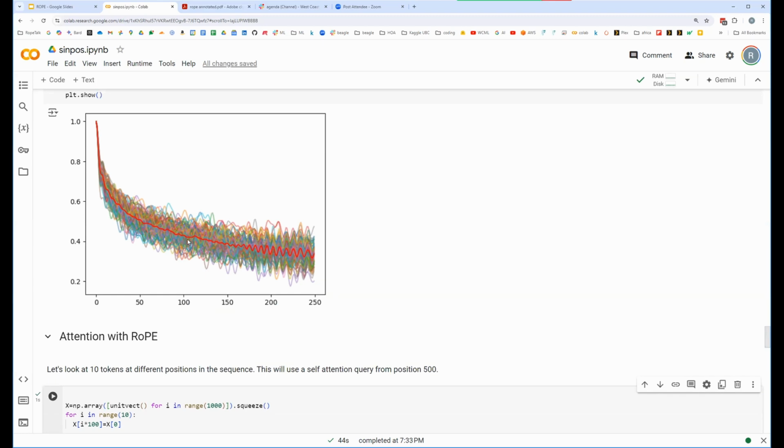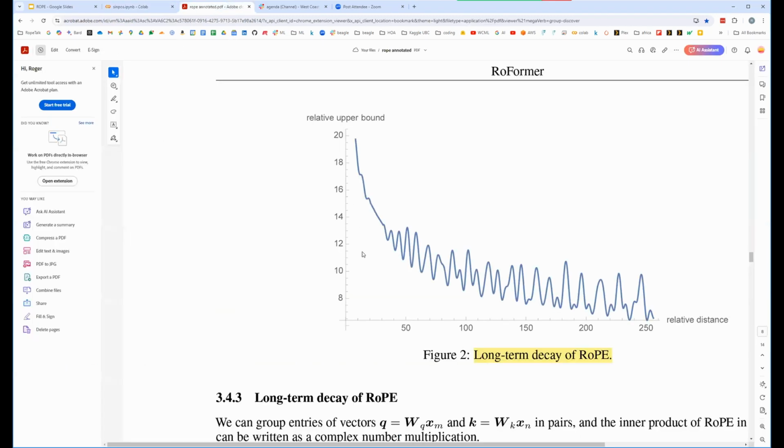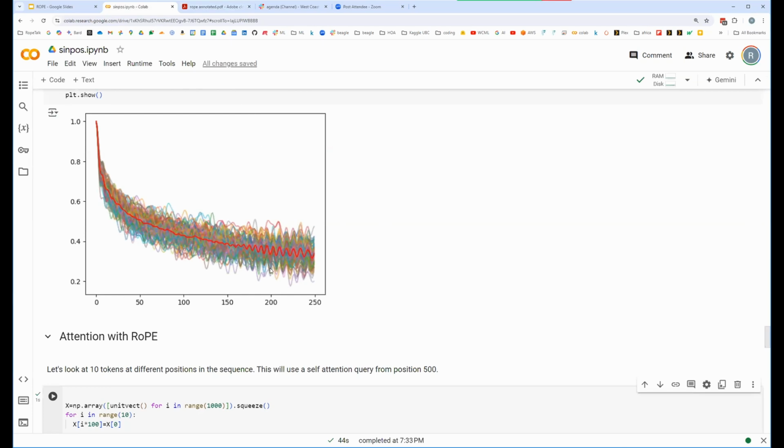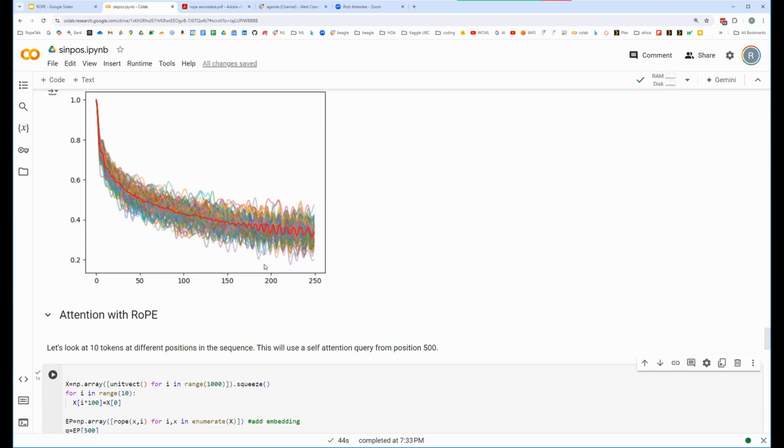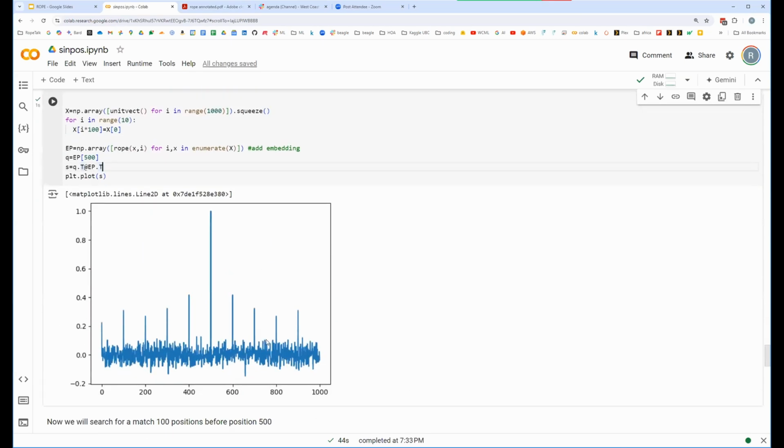Right. So if you look at figure 2, figure 2's not monotonic. It squiggles up and down. Yeah, quite a bit. And I was noticing that on your plot, you have those spikes every 100, and if you scroll down, the spikes are not monotonic. You see how they go up and down. 900 is more than the 700 or whatever?